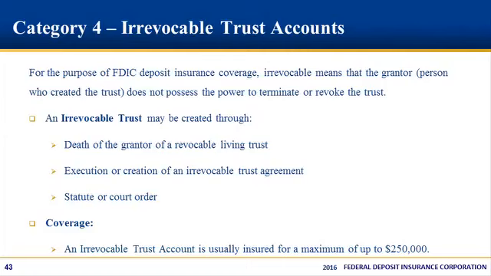How is an irrevocable trust created? An irrevocable trust can be created through the death of a grantor of a living revocable trust or the actual execution or creation of an irrevocable trust agreement, or by statute or court order.